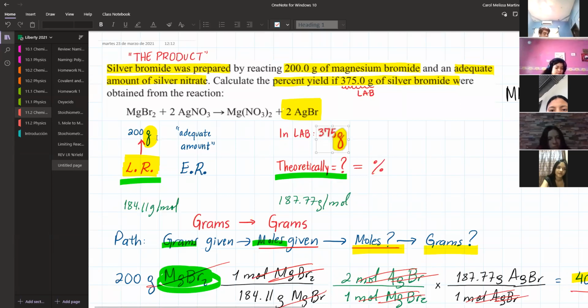So from grams to grams, you have to do this whole path. That depends on what the problem is giving you. Usually for percentage yield, the conversions are always going to be grams to grams, because in a real lab, you're going to measure the masses in grams.